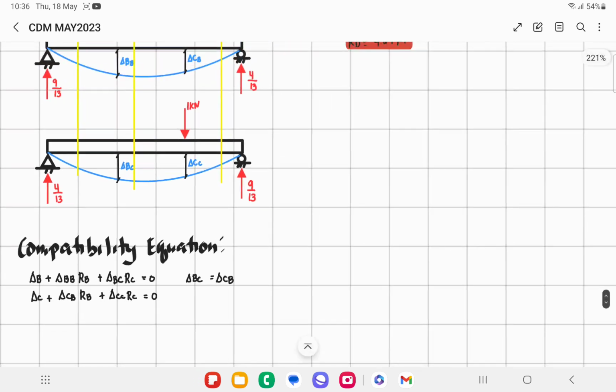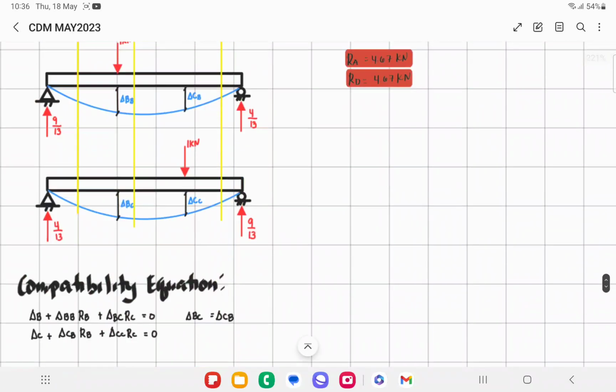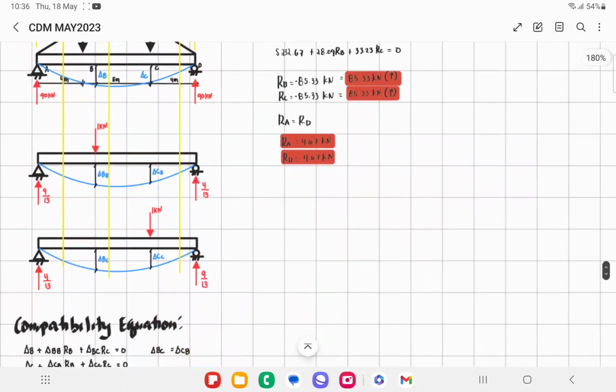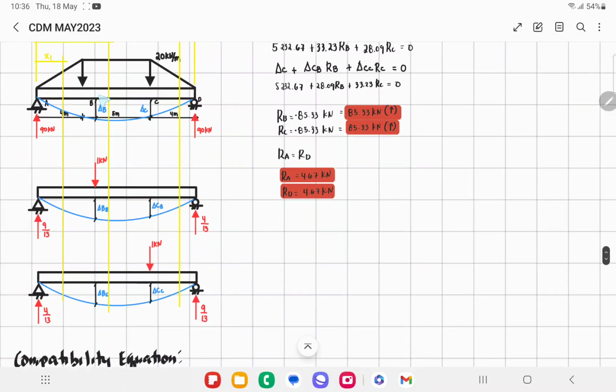What that means is we have to sum up the deflections. This deflection at BB is called the flexibility coefficient.